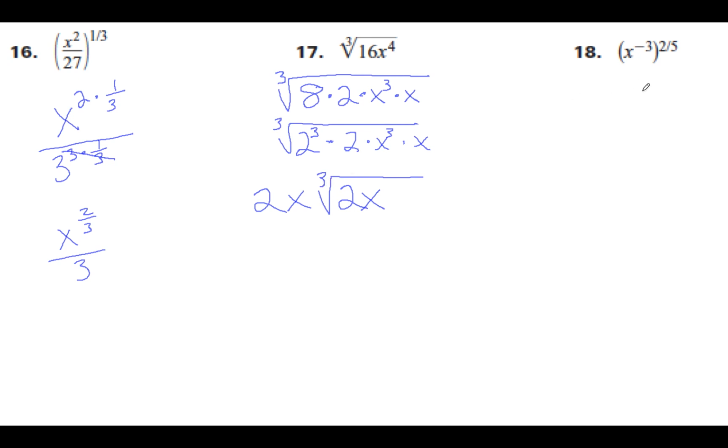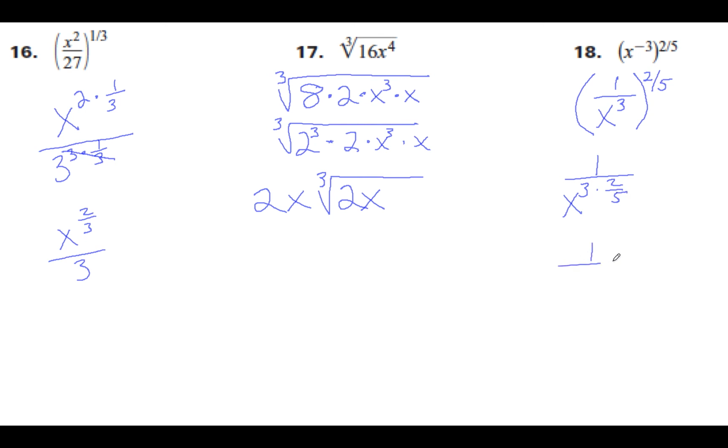All right, so let's come over here. This becomes 1 over x to the 3rd, right, to the 2/5 power. I'm going to bring this 2/5 power to the top, so 1 to the 2/5 power stays as 1. Then I'm going to bring the 2/5 power to the bottom, and that becomes x to the 3rd times 2/5.